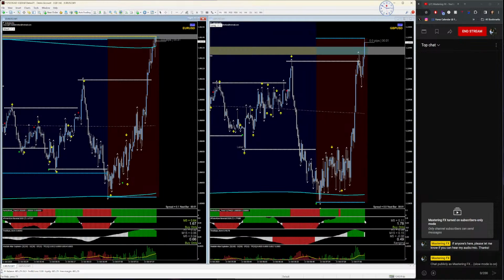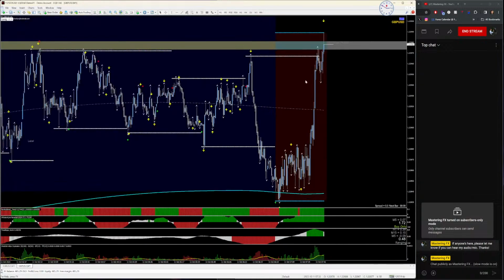Now I would like to see the same on this one here and here. And then we might get ourselves two sells. Let me see if it respected the high of the fair value gap.